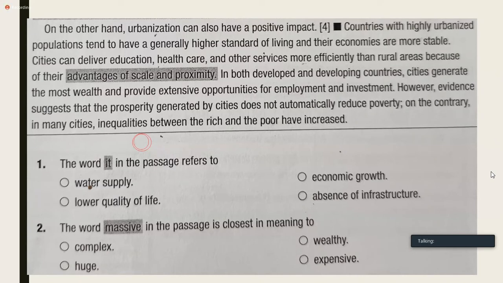In many cities, it has resulted in the emergence of large-scale slums and shanty towns. What does "it" refer to here? I think we discussed the answer last week. Water supply, economic growth, lower quality of life, absence of infrastructure.